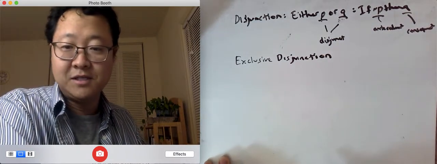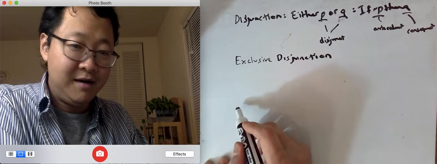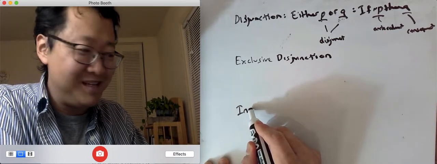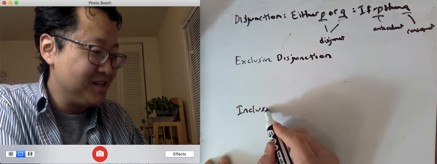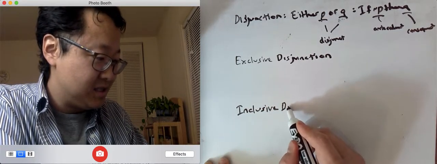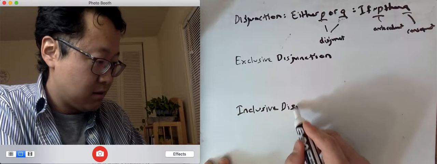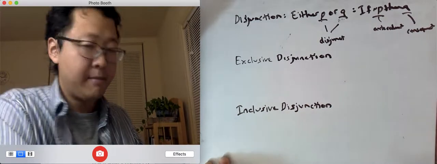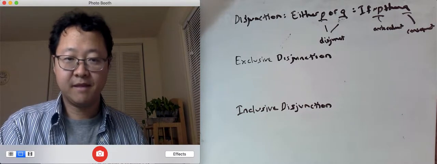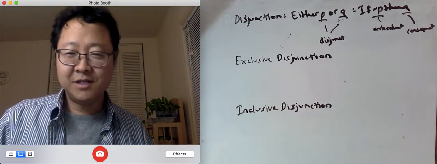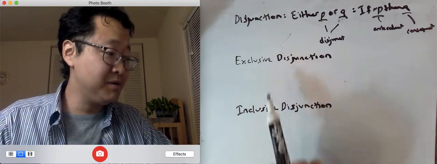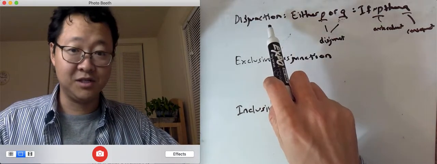And down here I'll write the other interpretation, which is called an inclusive disjunction. Okay, now how are these two things different? These are both different interpretations of the disjunction.